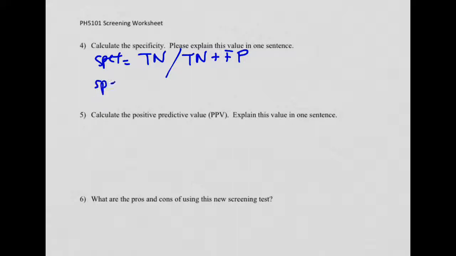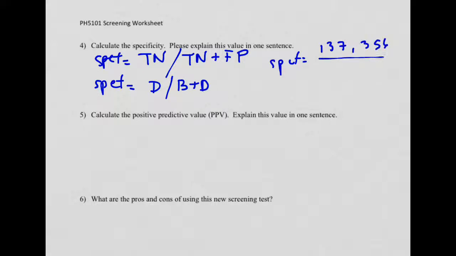If we want to think about our 2 by 2 table with our common A, B, C, D, this would be D over B plus D. Okay, so let's calculate. If you can see the table, if you copied it down, the numbers here are 137,356 divided by 144,586.